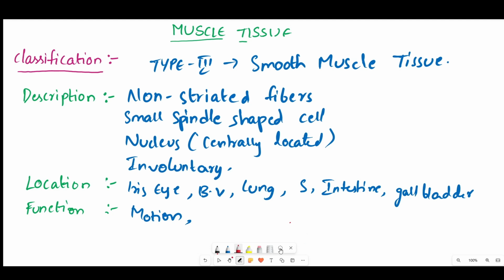Coming to the third class, which is called the smooth muscle tissue. In the smooth muscle tissue, it looks like a non-striated fiber, and it has small spindle-shaped cells. The cells look spindle shaped.